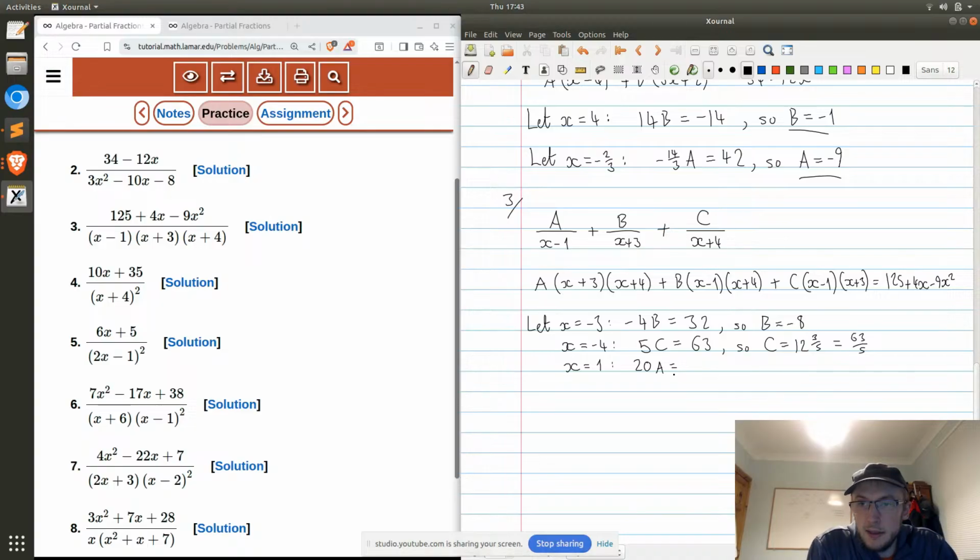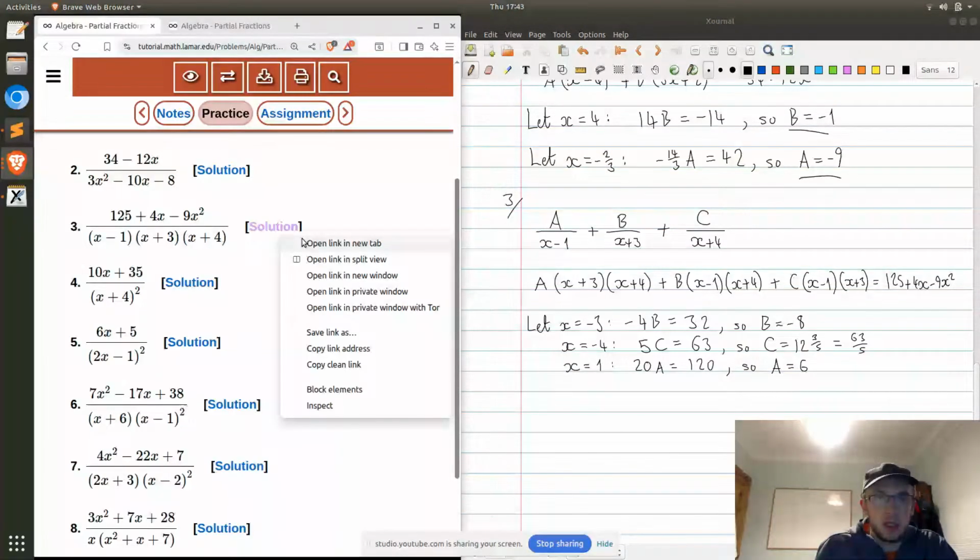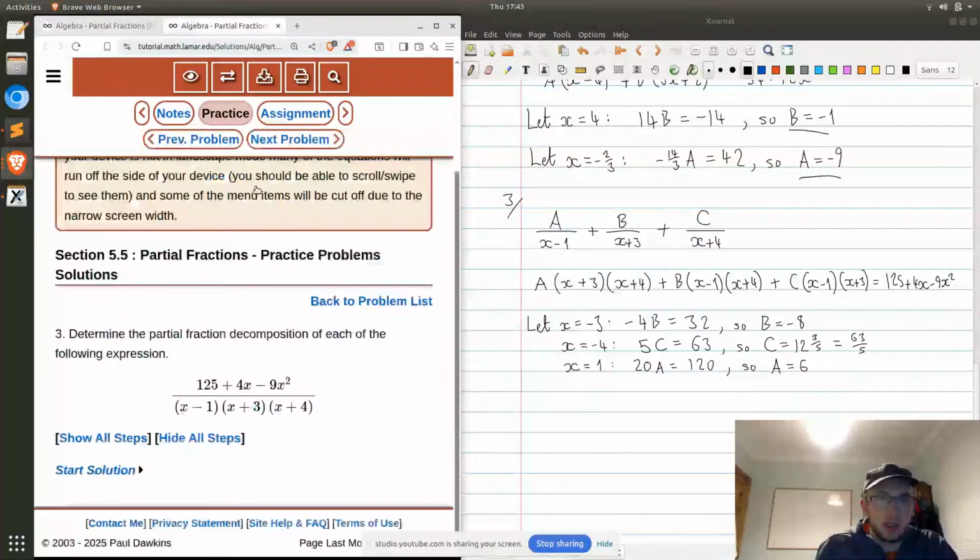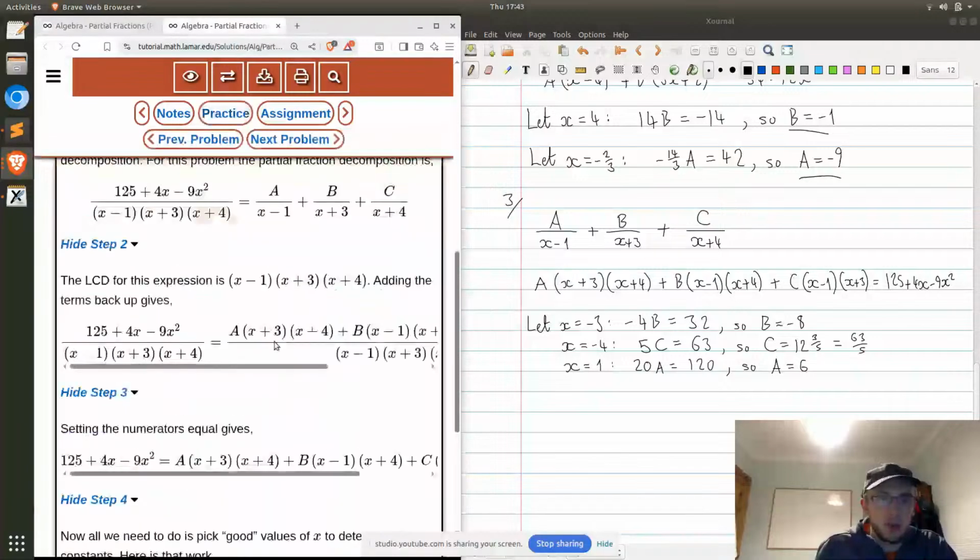And the right-hand side becomes 129 minus 9, which is 120. So a is 6. And if you put those in the correct spots, that should work. Or so I hope, or so I believe.